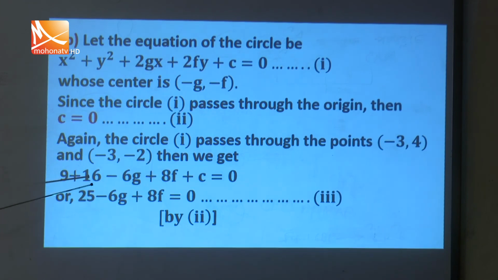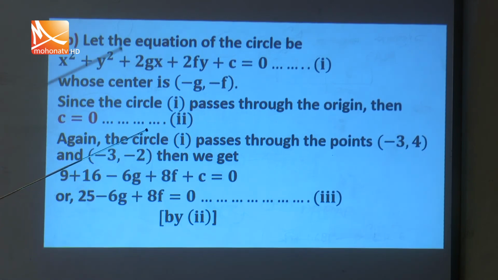You just see that 16 plus 9 is 25, minus 6g plus 8f. Take a look at equation number 2, c equals to 0. So, if we put c equals to 0 here, then we will get 25 minus 6g plus 8f equals to 0. This is equation number 3.